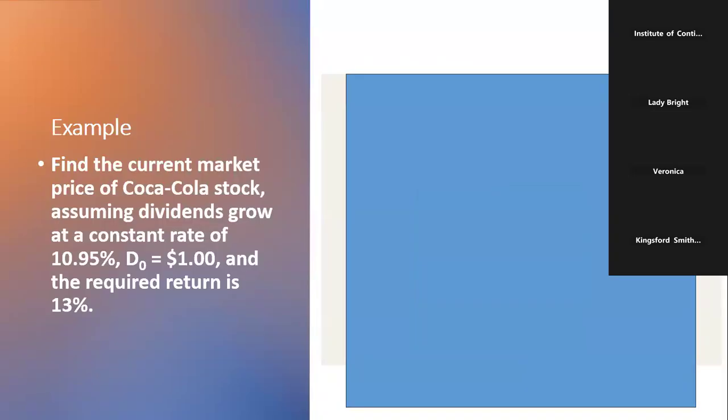So let's do this one: find the current market price of Coca-Cola stock, assuming dividends grow at a constant rate of 10.95. D0 is $1, and the required rate of return is 3. As for constant growth, the questions are quite straightforward. Looks like we'll finish earlier today.